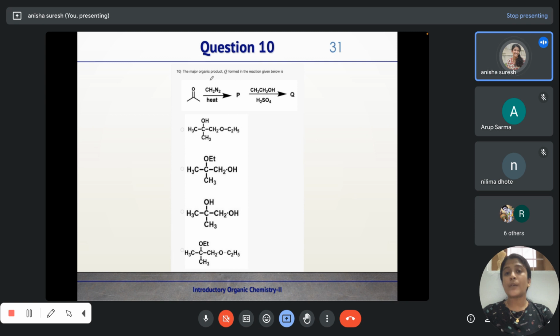Now, coming to question number 10. The major organic product Q formed in the reaction given below is. So here this ketone is treated with diazomethane. So we will get an intermediate P, and that is treated with ethanol in the presence of sulfuric acid.